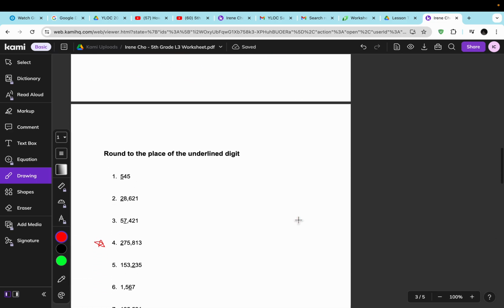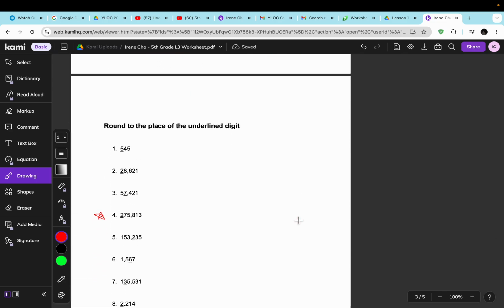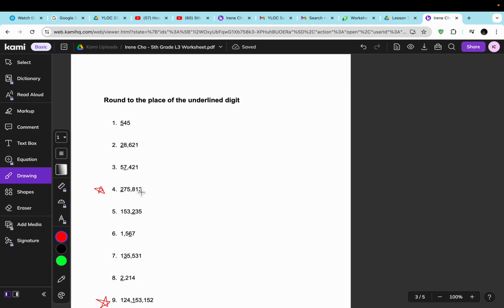Okay, so moving on, rounding to the place of the underlined digit. So for number 4, this would be the ones, tens, hundreds, thousands, ten thousands, and hundred thousands. So we're looking for the 100,000. To round, we have to look at the number after the 100,000 place.